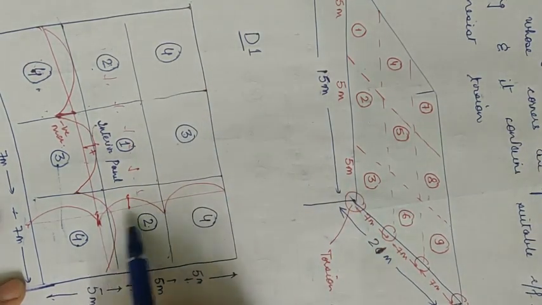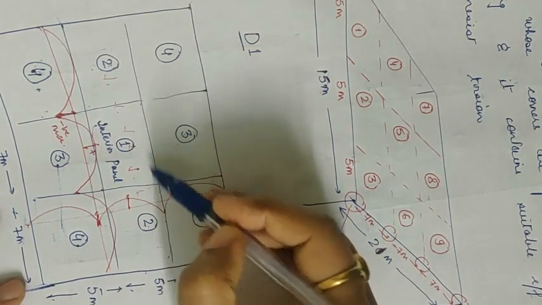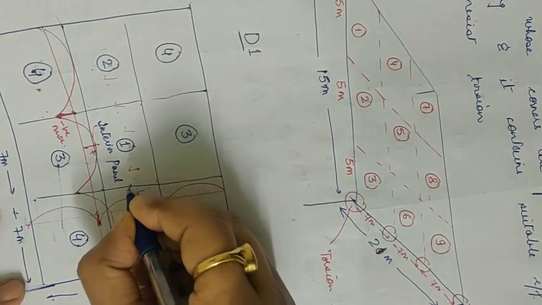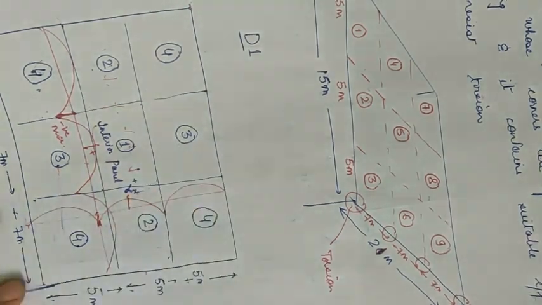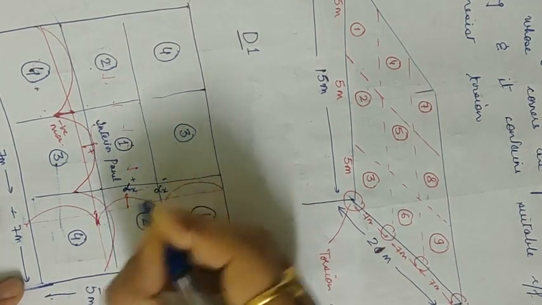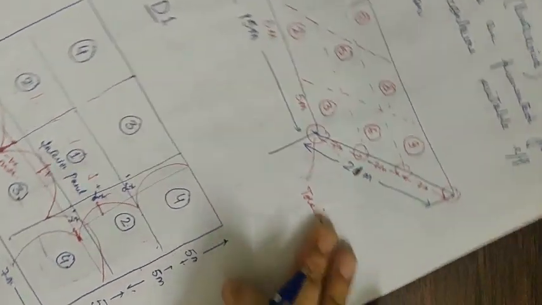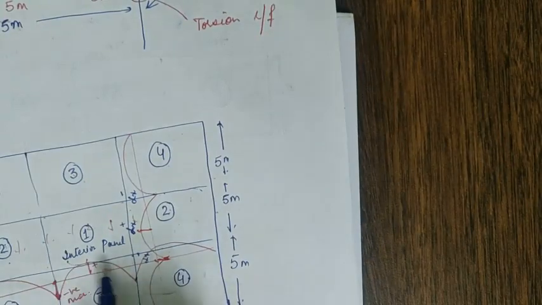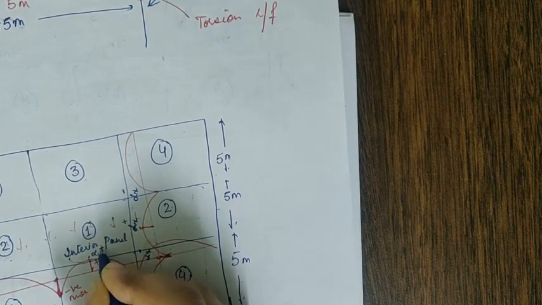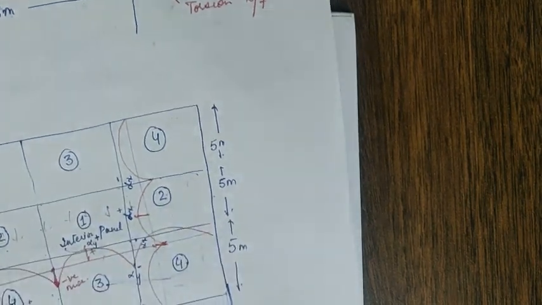So 5 meter span will give me alpha x, and 7 meter span, longer span, will give me alpha y. So along this span, at this point we will have alpha x positive, and at the ends we will have alpha x negative. Is it okay? Whereas along this direction, at the center we will have alpha y positive, at the supports we will have alpha y negative.